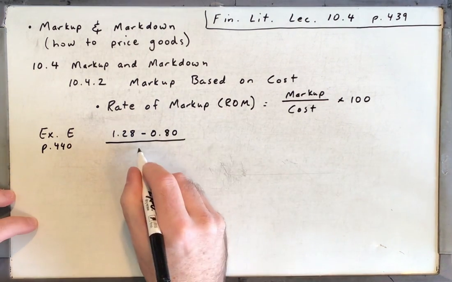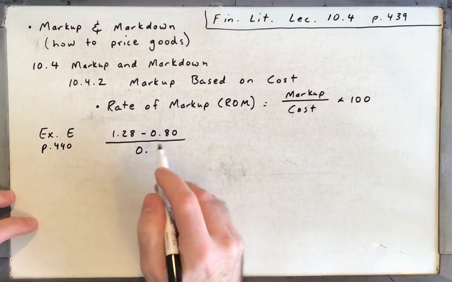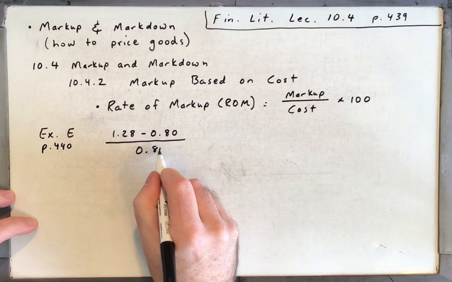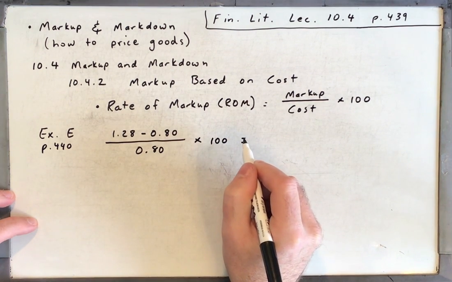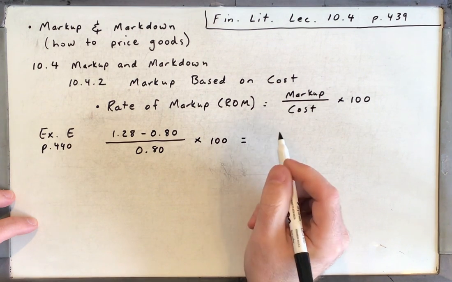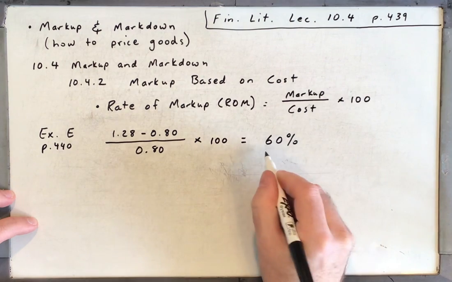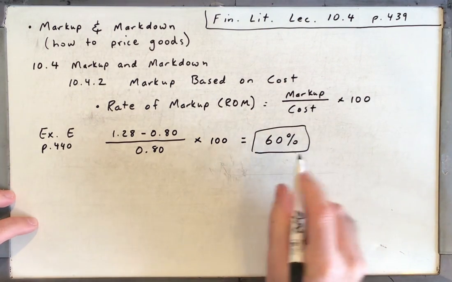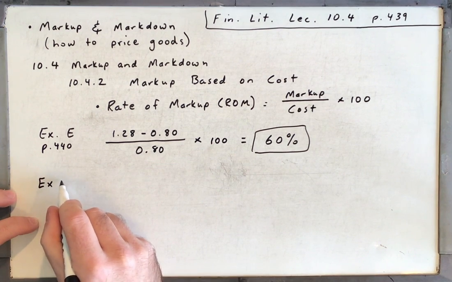We divide that by the cost because our markup is based on cost. You're going to divide by the cost, not the selling price. All right, and that is a 60% markup. In retail, a lot of times markup is 100%, so that's a little bit on the low side probably for a comb.